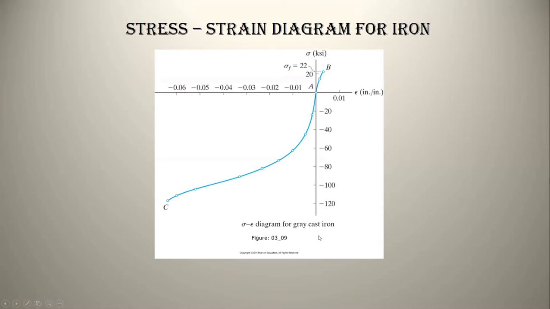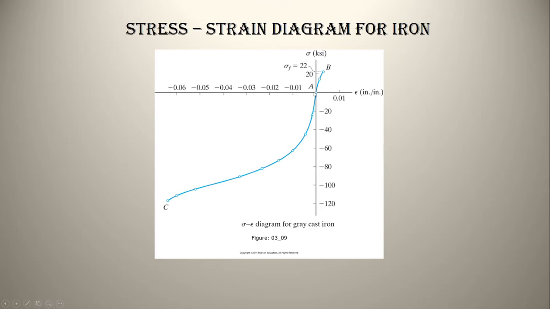Now, here I'm showing you, and this also I've taken from your book, a stress strain diagram for iron. It's quite different to the one that I showed you. The one I showed you was mostly going on this side, but look at the iron one. This is the fracture stress, 22 psi, which is not much of a strength on the tensile side.